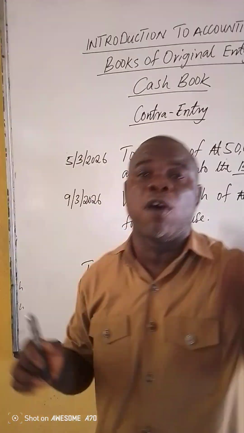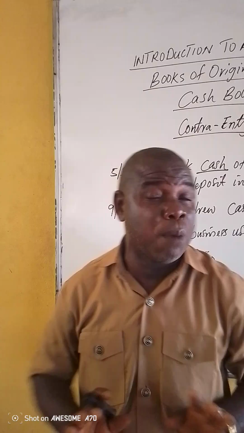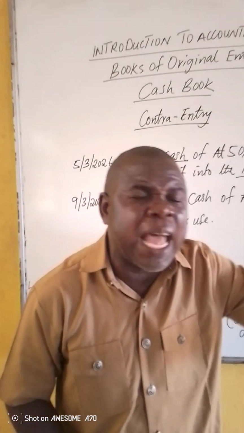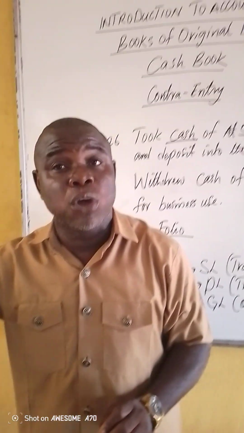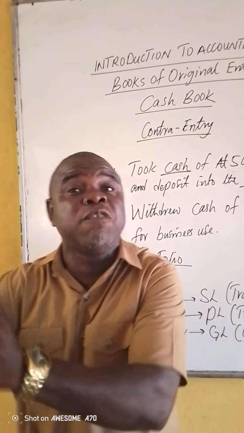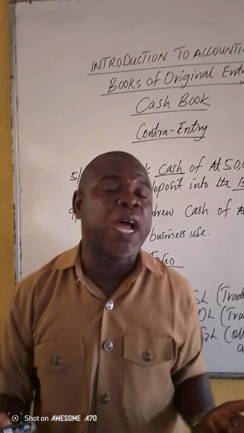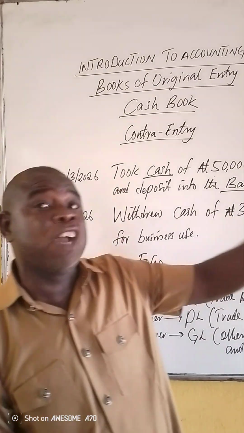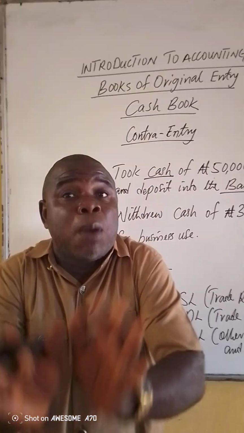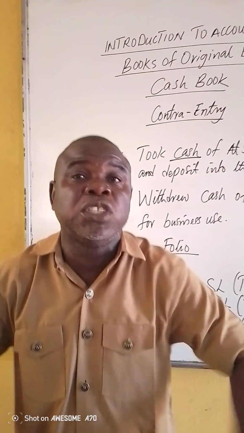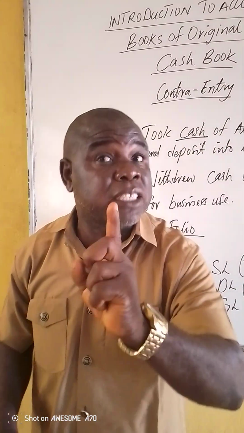Here the purpose of taking cash from the bank is not mentioned. But if money is taken out of the bank to pay rent or to pay electricity or for any specific purpose that is mentioned, it is not contra entry. It is only when money is taken from the bank and the purpose is not mentioned, it's just for office use or general business use, that is when it's contra entry.